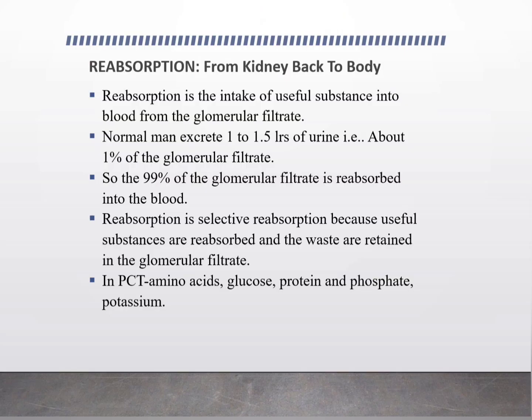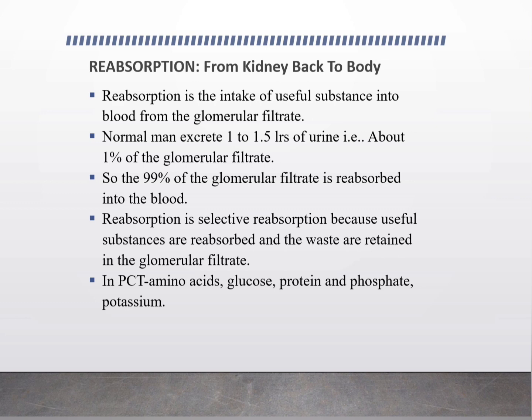Then the second step in urine formation is reabsorption. Reabsorption is the intake of useful substances into the blood from the glomerular filtrate. A normal man excretes 1 to 1.5 liters of urine, that is about 1% of the glomerular filtrate. So, 99% of the glomerular filtrate is reabsorbed into the blood.